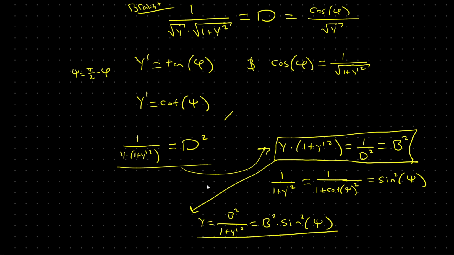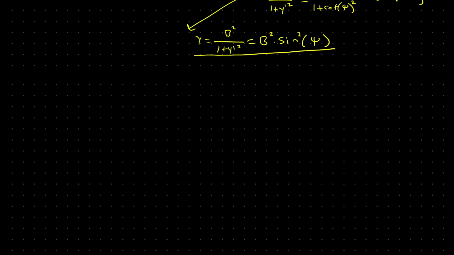And this is going to be very useful, because if y equals b squared times sine squared of psi, we can take the derivative of this with respect to psi.